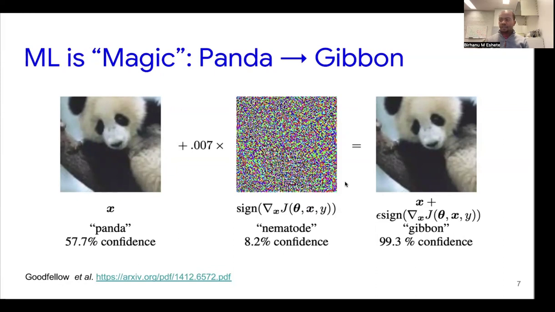This was specifically in the image domain. But adversarial examples were studied well before 2013, because sometimes people misunderstand that adversarial examples are only 10 or 11 years old.